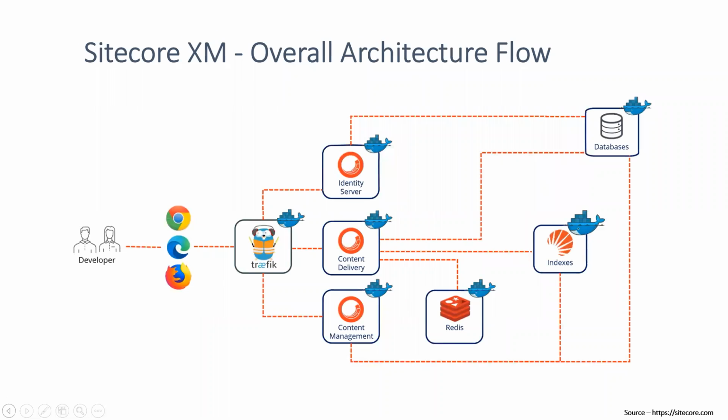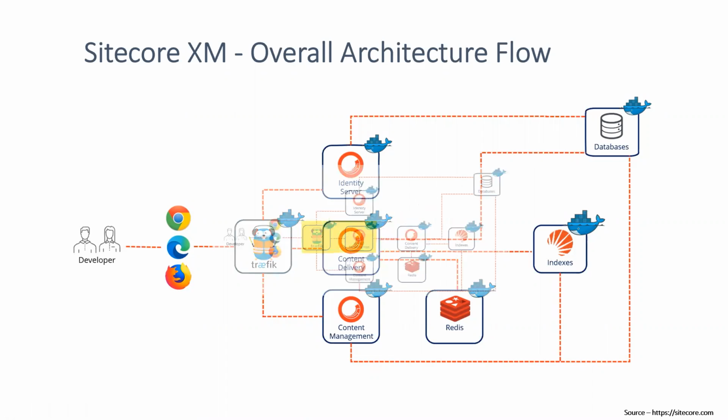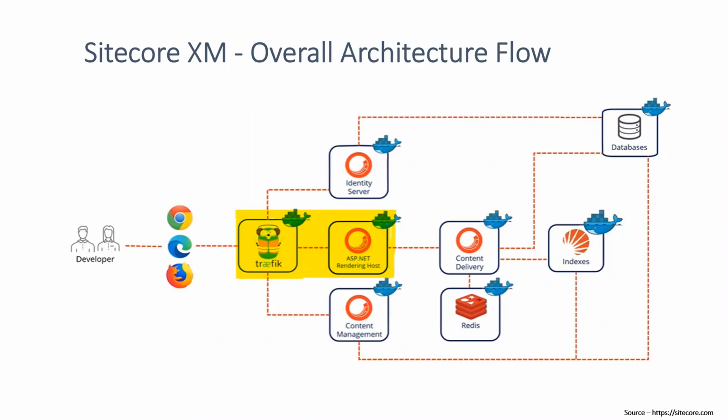If you see the XM architecture, it's a very simple architecture with Sitecore. From here, we can see the identity server, content delivery server, content management server, and then of course we have Redis, Solr indexes, which could be Azure or any other indexes, and the one database. With ASP.NET Core, that would be the change. We won't expose the content delivery server directly to the end user.